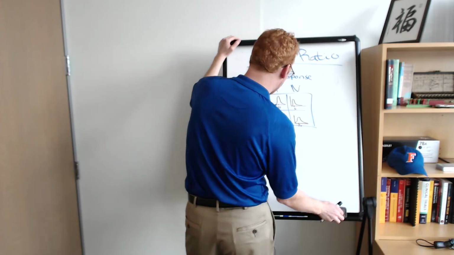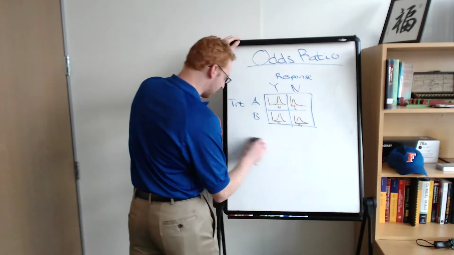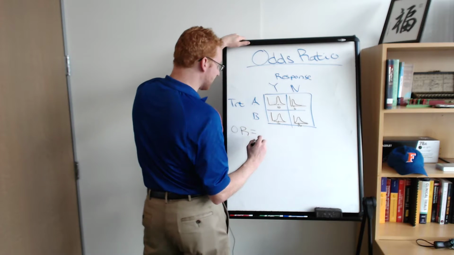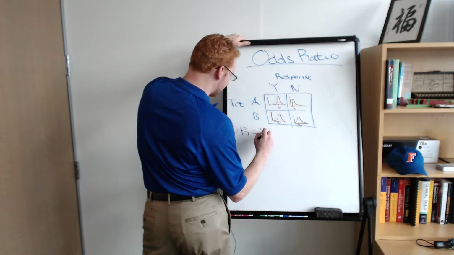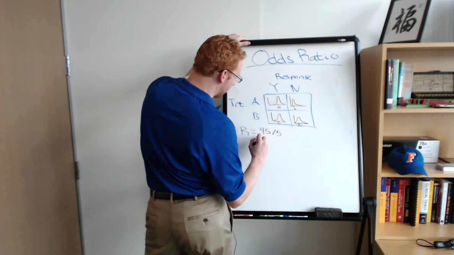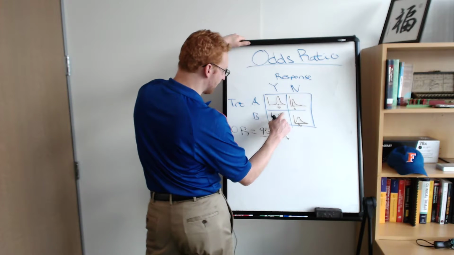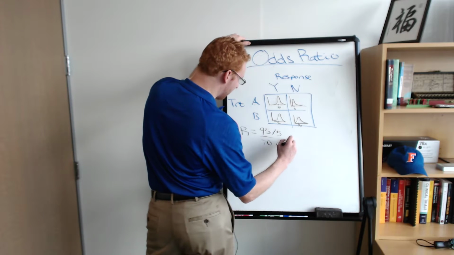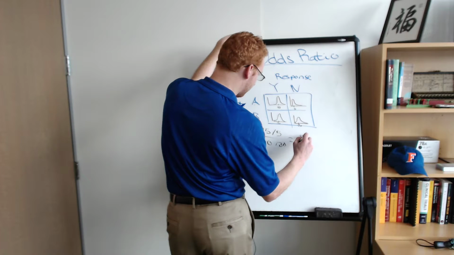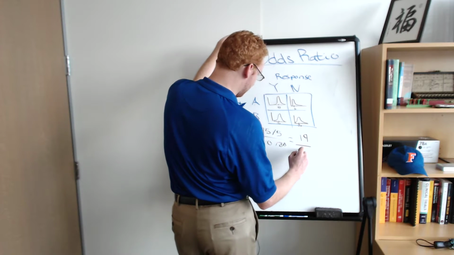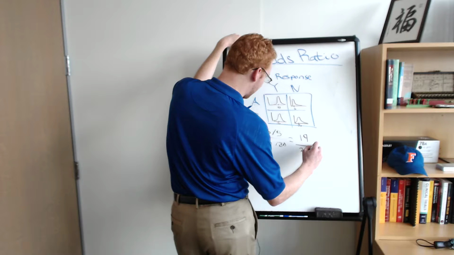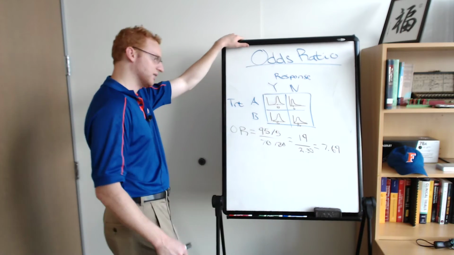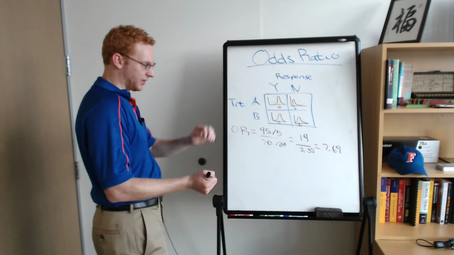If we actually calculate the odds ratio, it's equal to 95 over 5 divided by 70 over 30, which is 19 over 2.33, which is, I think, 7.69, something like that.